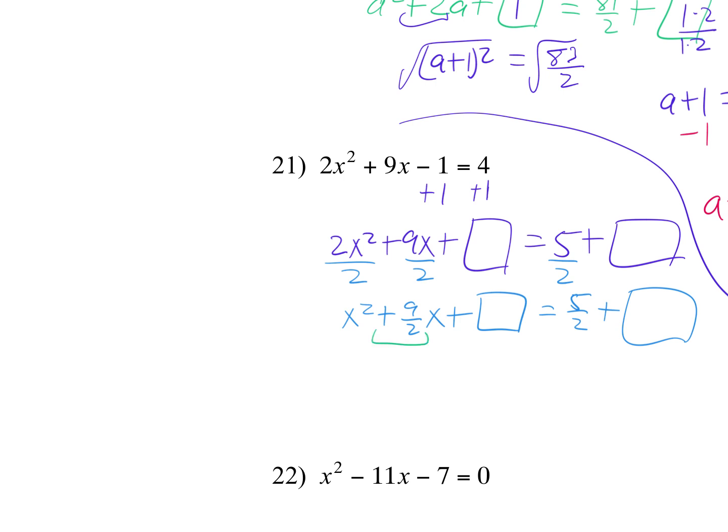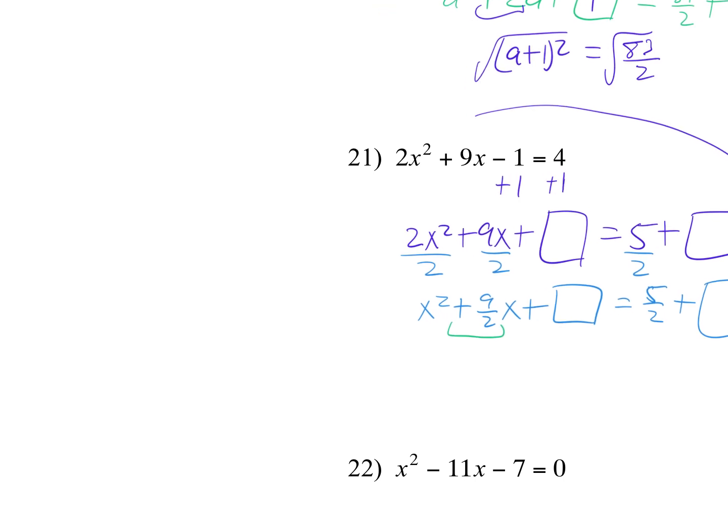And then in this case, we want to, again, find our b over 2 squared term. If our b term is already a fraction, dividing by 2 is the exact same thing as multiplying by a half. So I hope you all agree with that. Dividing by 2 is the same as multiplying by a half, and when we're multiplying fractions, you can just go straight across. So we get 9 over 4.